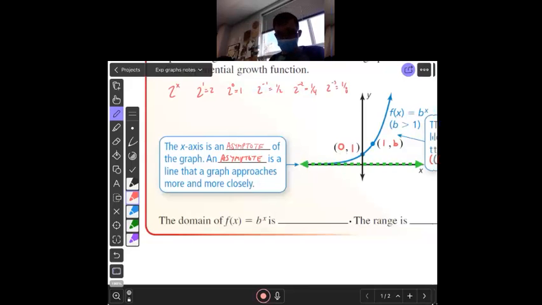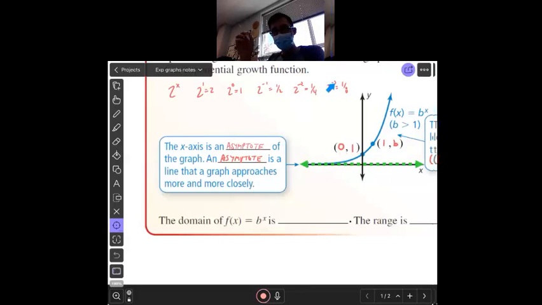We see those y values, as I make that x value more and more negative, get smaller, but they'll never get to 0. Even if I took 2 to the negative 1 million, I would still have this tiny, tiny positive number. So as far as I go left, this value will always be greater than 0. It will get closer and closer, but it'll never actually reach it.